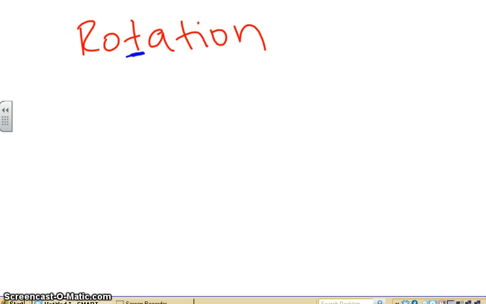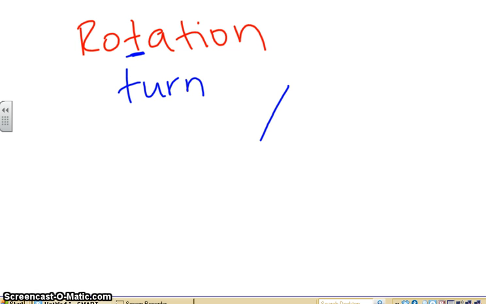Our second kind of transformation is a rotation. So if you remember in reflection, we underline the FL. Well, in rotation, we're going to underline the T. And the T is going to represent the word turn. So in a rotation, something is going to have to turn.